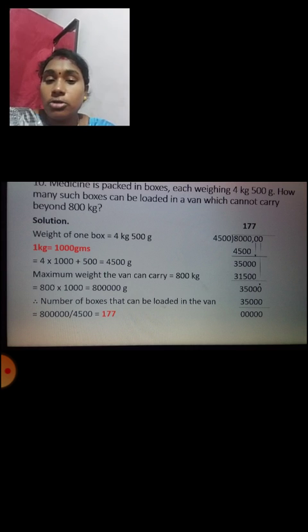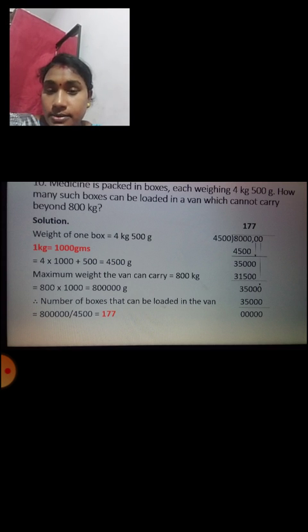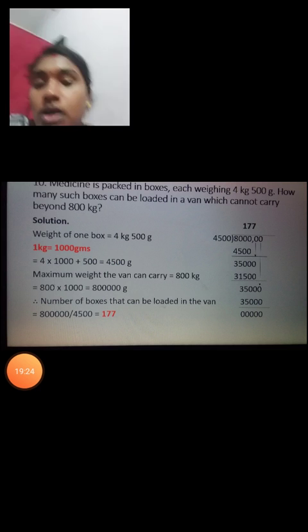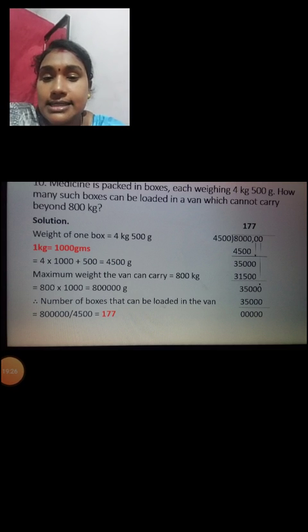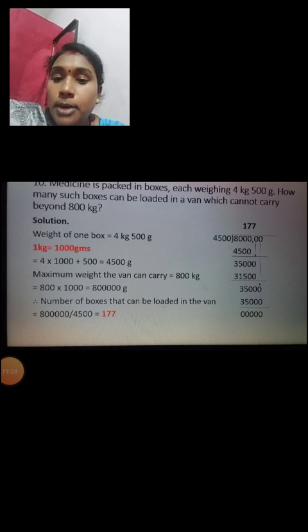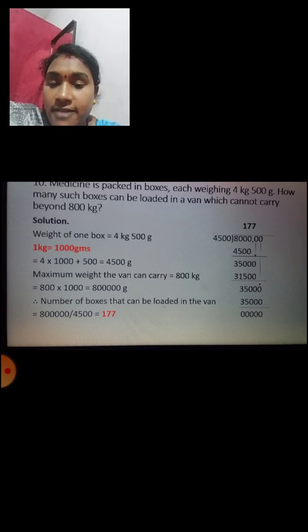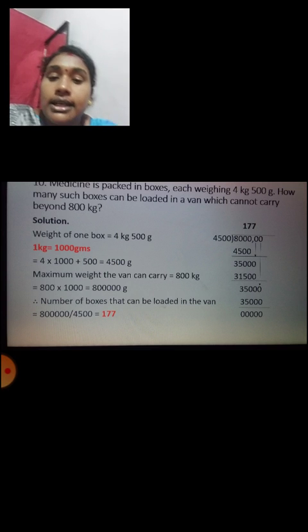When you convert 800 kgs into grams, you will get 8 lakh grams. So the number of boxes that can be loaded in the van has to be calculated as 8 lakh divided by 4500.